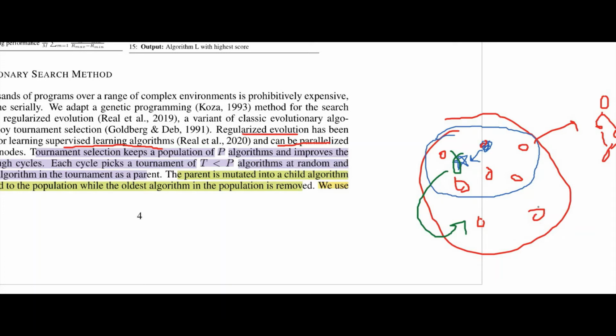So say if this was the oldest algorithm in this population, it gets removed. This way your population increasingly evolves into children or mutations of the algorithms which performed well, and the hope is that when you repeat this enough, you will get a very good algorithm as a byproduct.